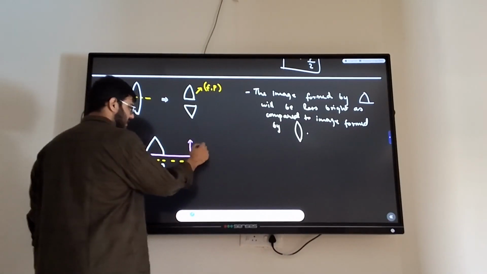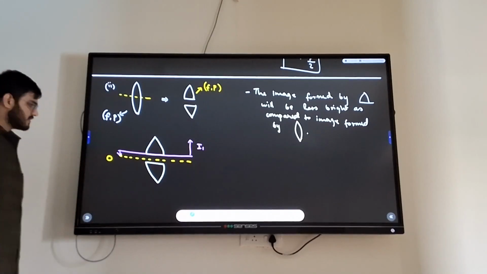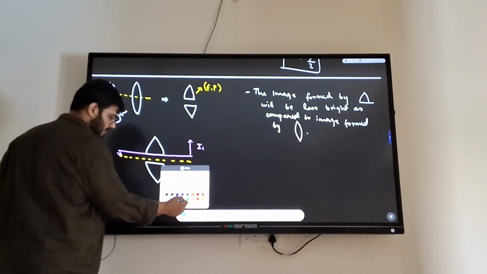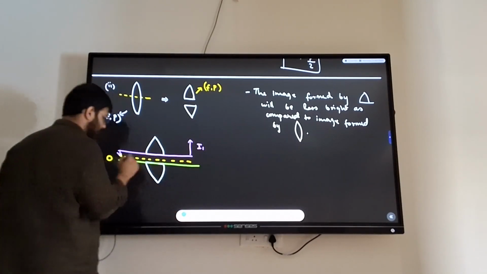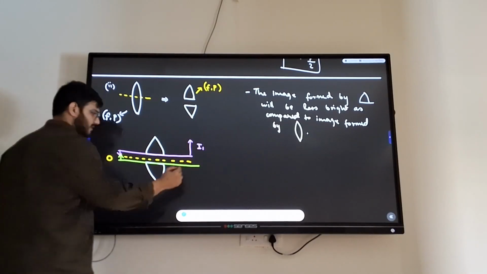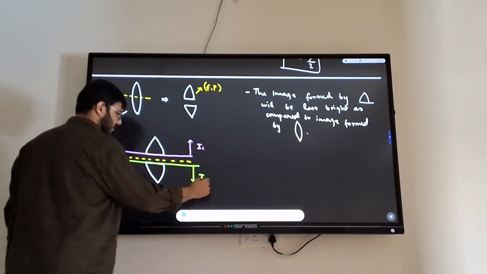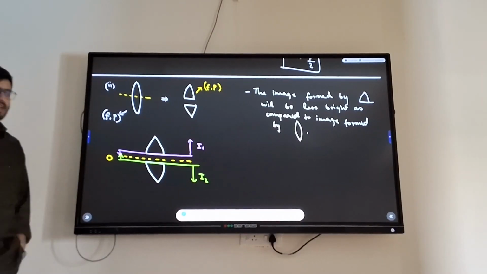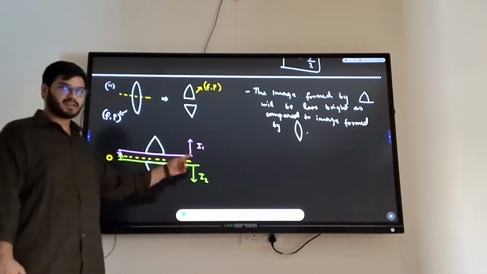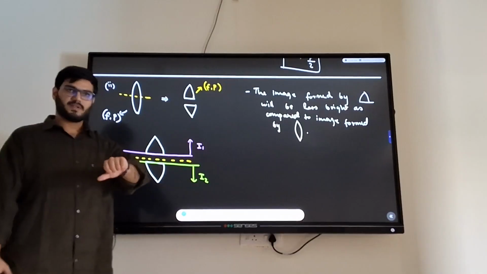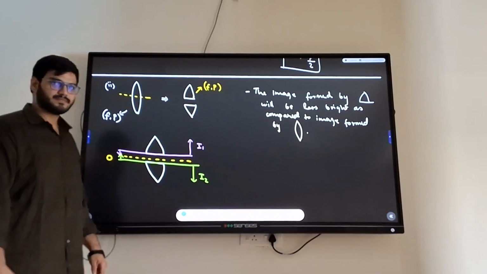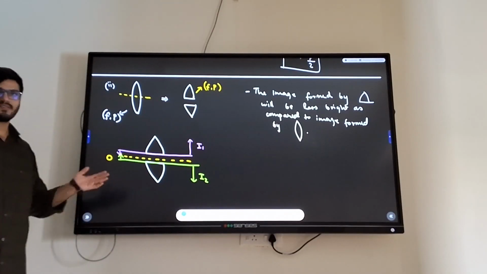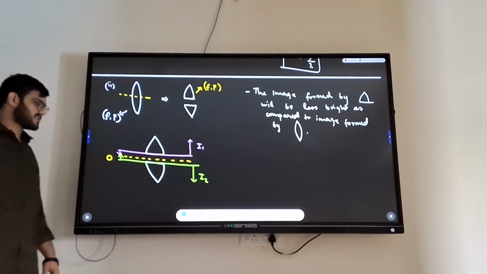And maybe the image I1 will be something like this. What about for this lens? Then the image will be something like this. Are they even coinciding? No, the images are very independent of each other. Do you understand? In general, you can't say that it will be magnified or it will not be erect. I'm just taking any case, just to show you.